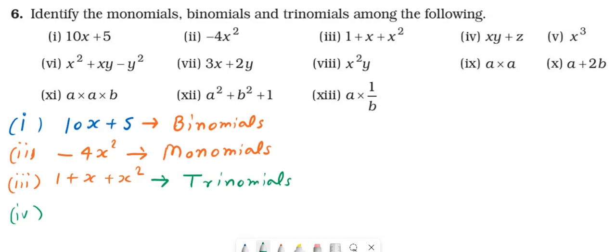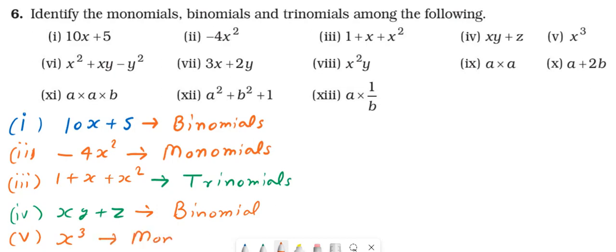The fourth part is xy plus z. So beta, how many terms are there here? 2. 2 means binomial. It is a binomial. Now the fifth part. The fifth part is x cube. It has only a single term, so monomial.